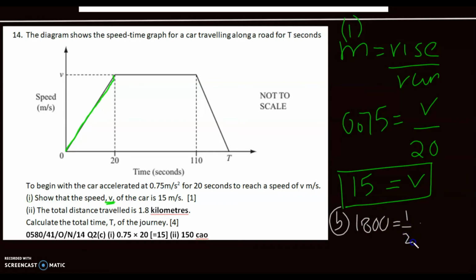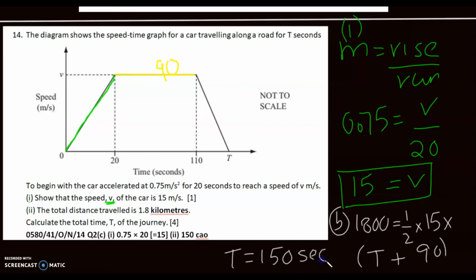So half times height, which is v, 15, times sum of parallel sides, which is t plus this upper length, 110 minus 20, which is 90. So t plus 90. Solve this to get the value of t. So I'll do 1800 times 2 divided by 15 minus 90, which gives me 150. So t is equal to 150 seconds.